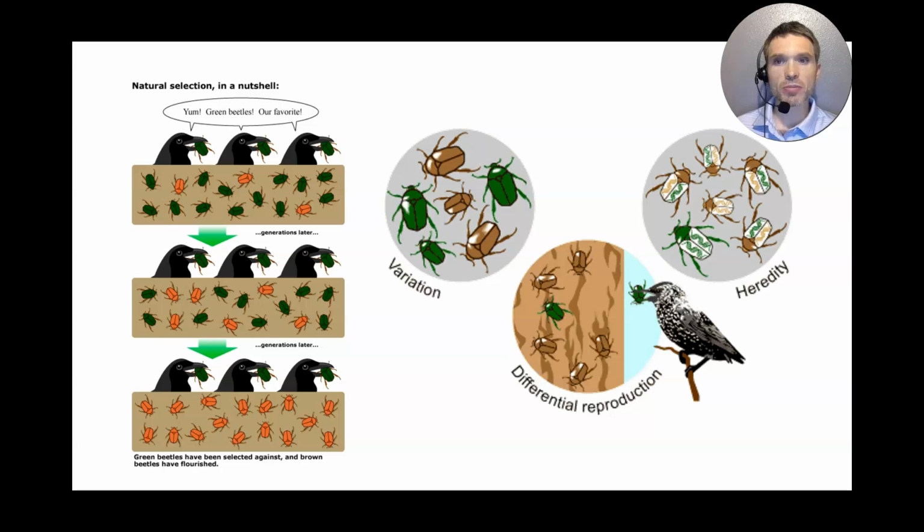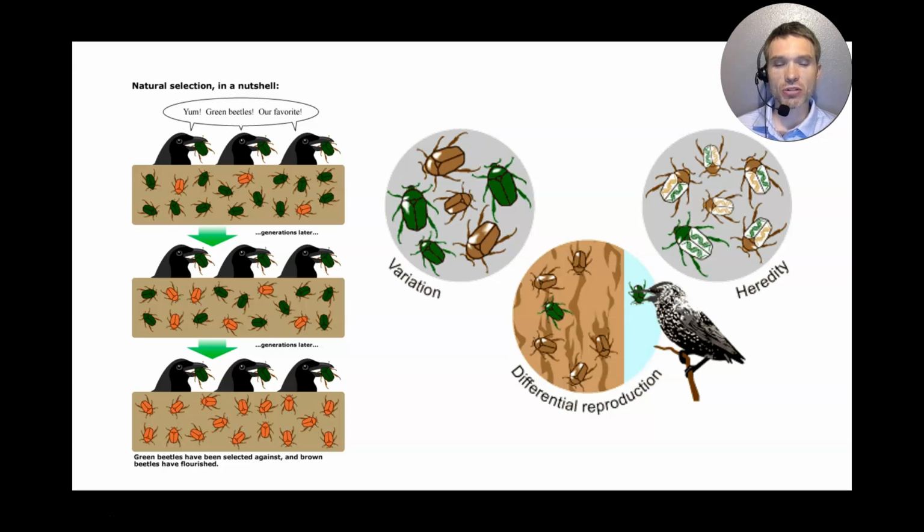And the last concept that drives natural selection is this idea of natural or differential reproduction, or the selection. As demonstrated in the diagram, because the birds, which are acting as our environmental pressure, choose to eliminate our green beetles, our red beetles have a selective advantage.